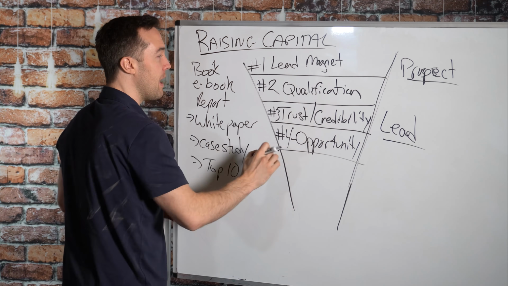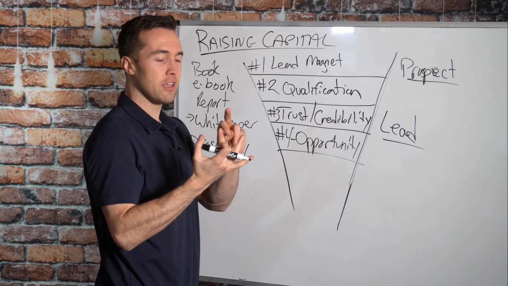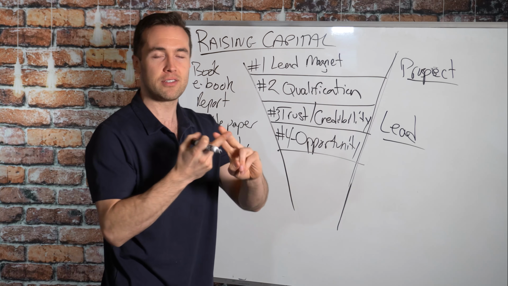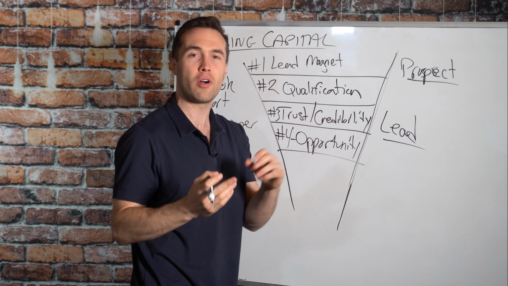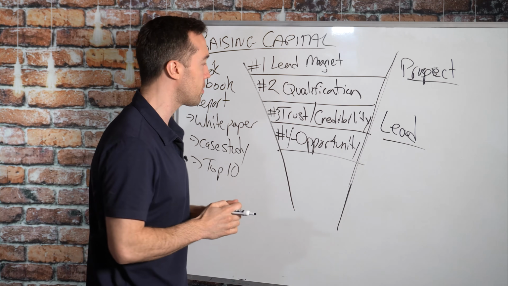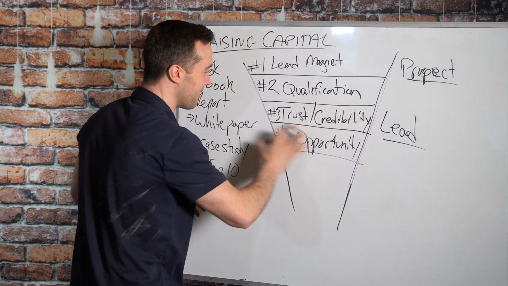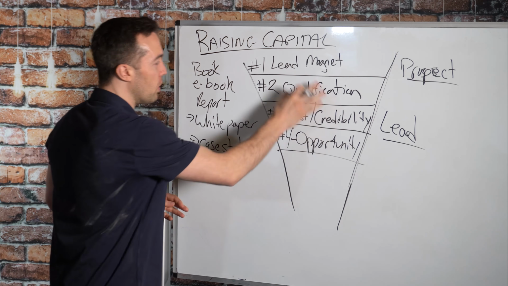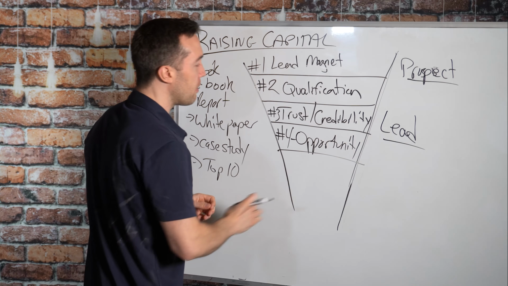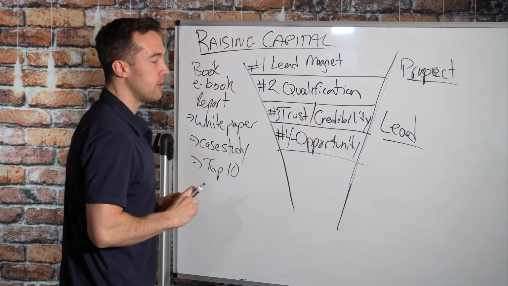The qualification: do they have the money? Is your asset the right fit? Is their risk profile a good fit for you? Are their styles similar to you? All that sort of stuff. And then you've built that trust and credibility, the like factor up here. Once you've done this, they'll be ready and primed to invest in your opportunity.